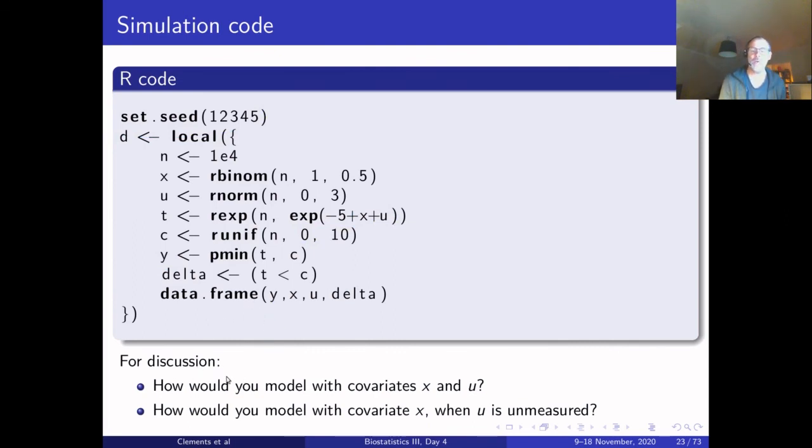Right, now how would you model this if you knew both covariates x and u? And then how would you model with just covariate x when u is unmeasured? Now for these particular data, there are many ways that you could model what are comparatively simple data.